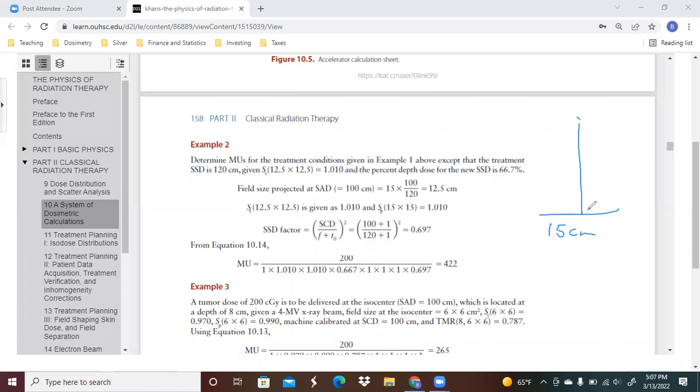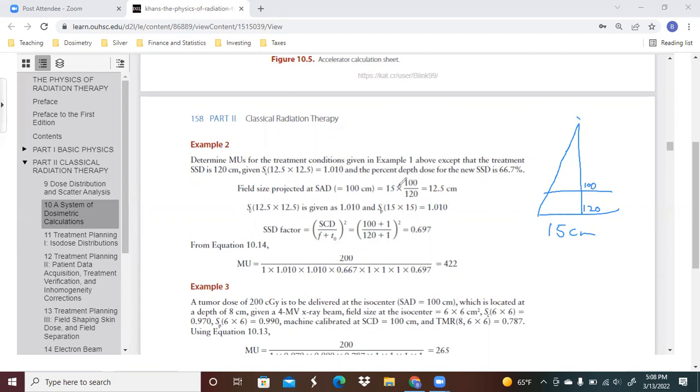And this length here is at 120. However, in order for us to get the accurate calibration factor for phantom scatter, we need to figure out what's going on here at an SSD of 100. Because while the field is sitting at 15 cm, our collimator scatter factors here are going to be with the length of the field at 100.